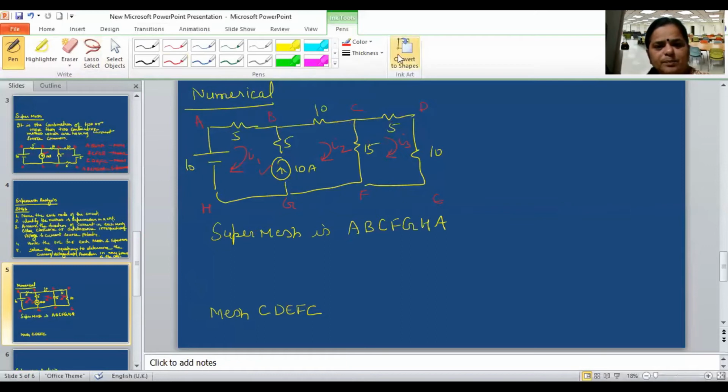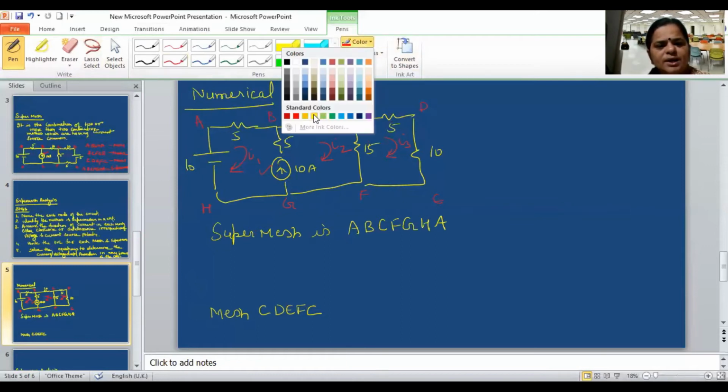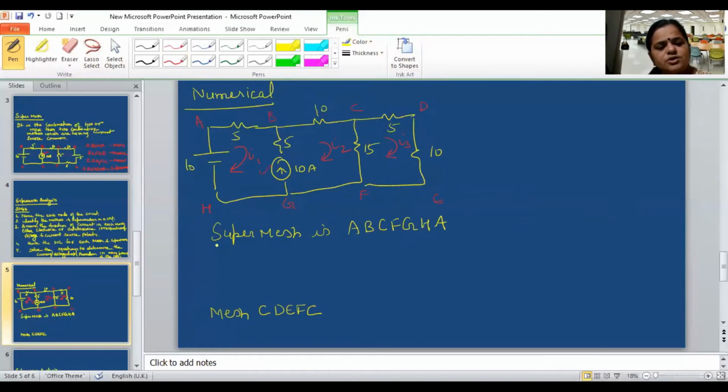Now let us try to write the KVL equation. When we write the KVL equation for the supermesh, we write the individual equation for mesh 1, that is ABGHA, leaving the current source branch. We write the mesh equation for BCFGB, leaving the current source branch, and then add them.